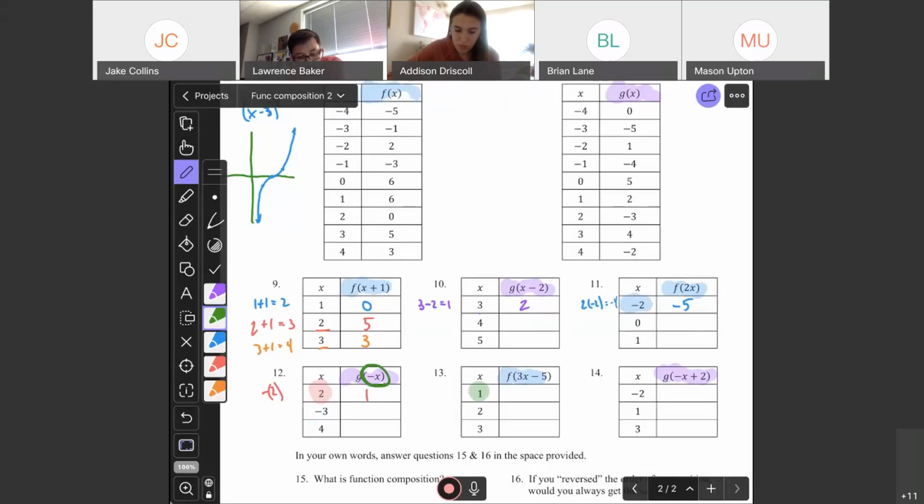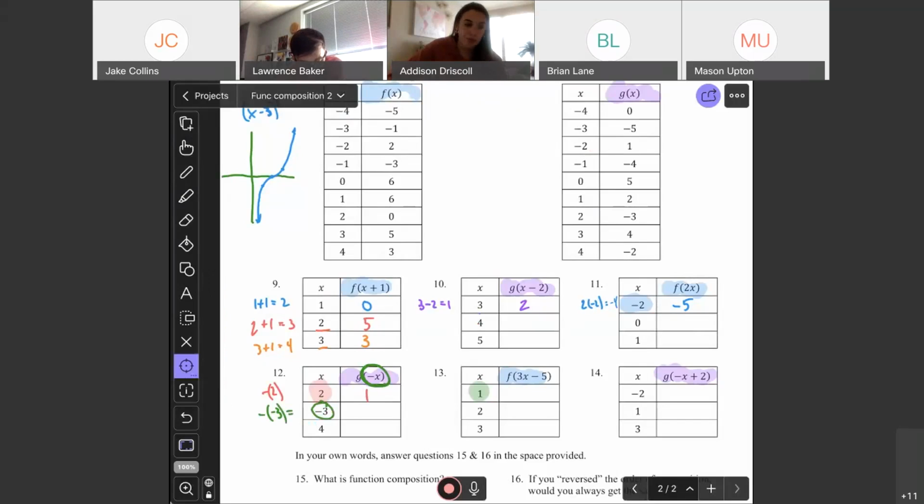Negative x, right? And so if our x value is -3, what would -3 be? So what's -3, Brian? What do 2 negatives do? Positive. Yep.